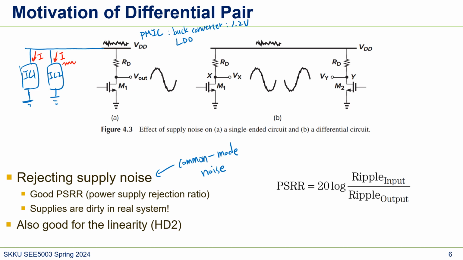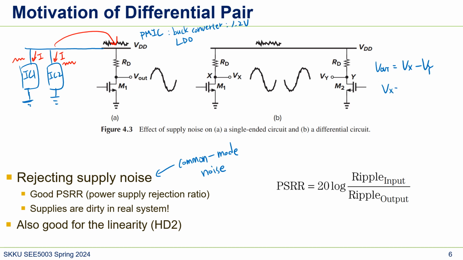This current may be really jiggly. So these can also become noise on the VDD. This can be a huge thing if we don't cancel it. But in a single-ended circuit, we cannot cancel this VDD noise. But if you use a differential circuit, in a differential circuit, the Vout is Vx minus Vy, right?